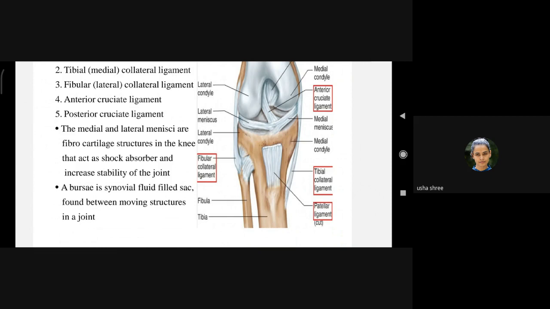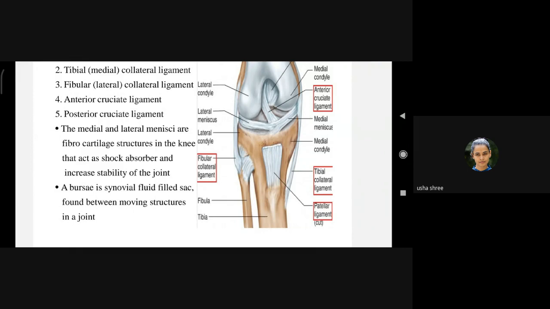They are fluid-filled sacs, not synovial cavities. They are something different. I will find out and tell you which type of fluid that is.